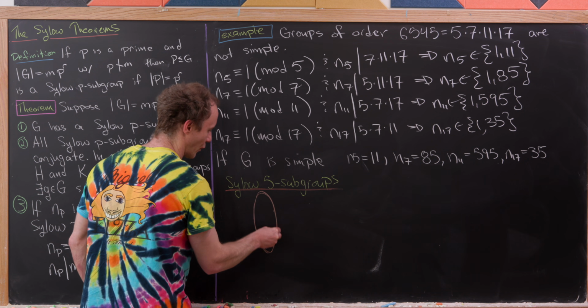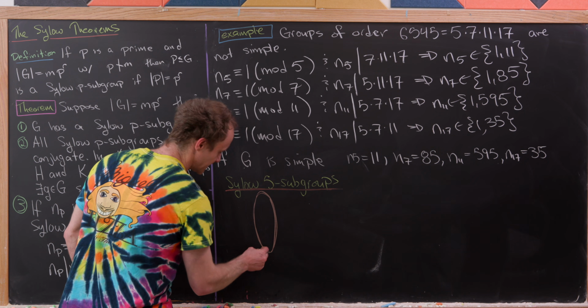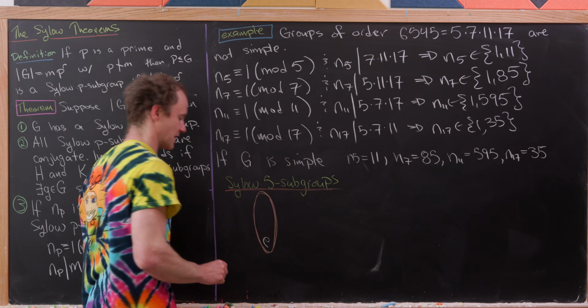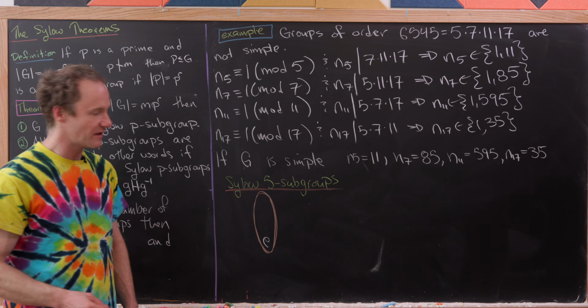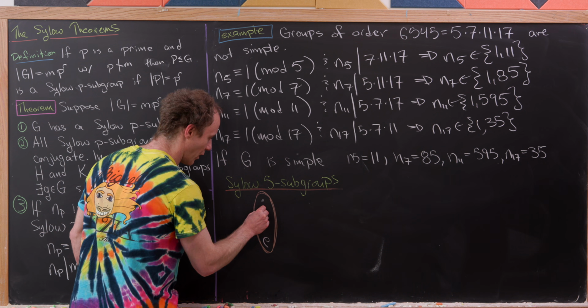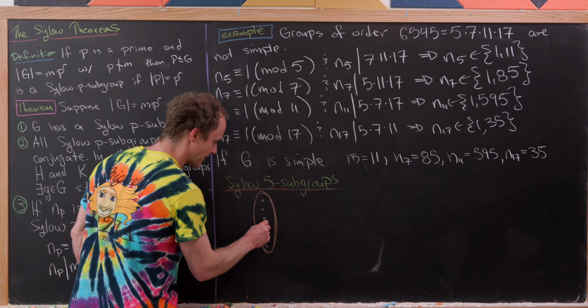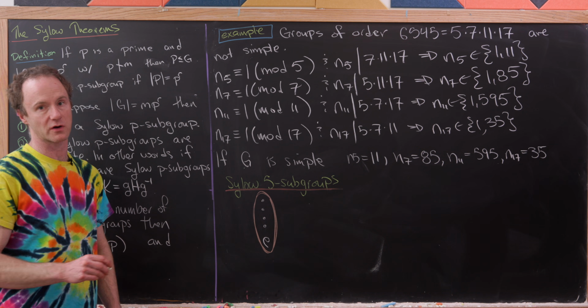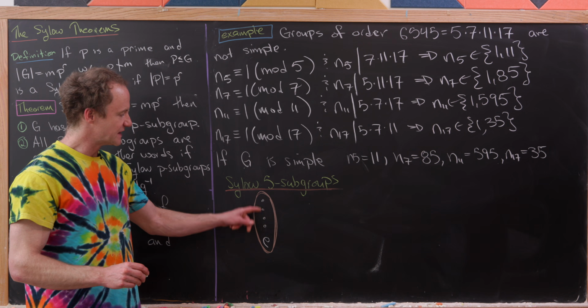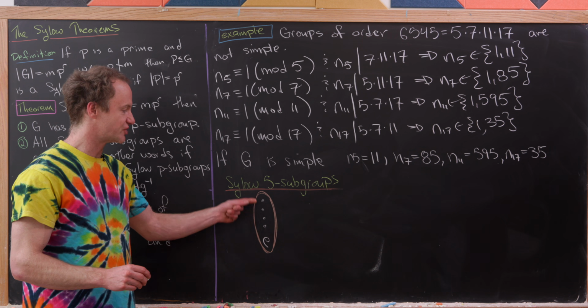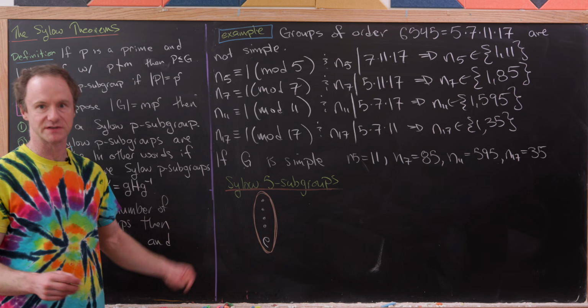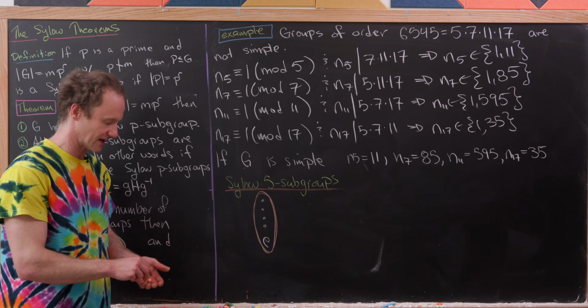So let's say this is one of our Sylow 5 subgroups. So it has the identity right here. But then other than the identity, we have 1, 2, 3, 4 elements of order 5. But these 4 elements of order 5 clearly generate the entire Sylow 5 subgroup because it's necessarily cyclic.